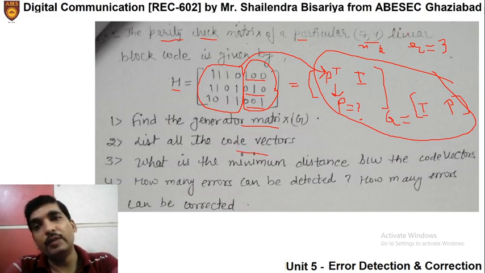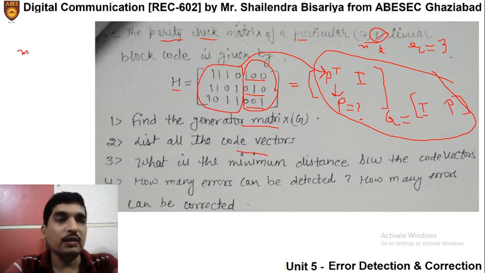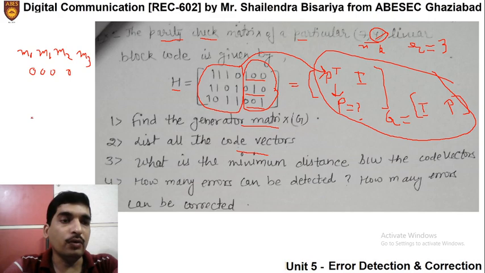Now how many message bits are there? 4. So for 4 message bits, M0, M1, M2 and M3, we will have code vectors from 0, 0, 0, 0 up to 1, 1, 1, 1. So we will have a total of 16 code vectors.